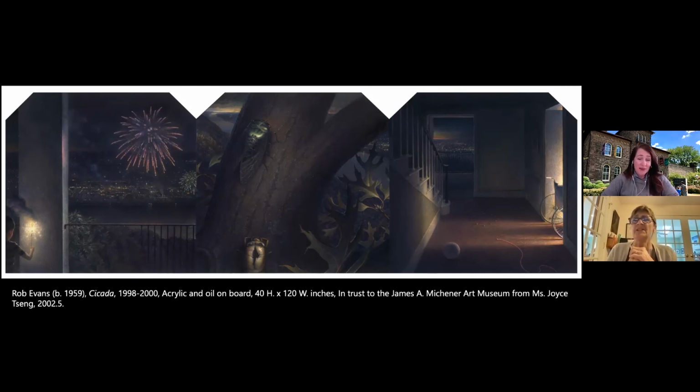Do you think he also used any kind of line to bring this thing together? Because it's pretty coherent. You're right. There's a lot of vertical lines on the left, with that pillar and then the banister, and then on the right again, the banister. That's right.